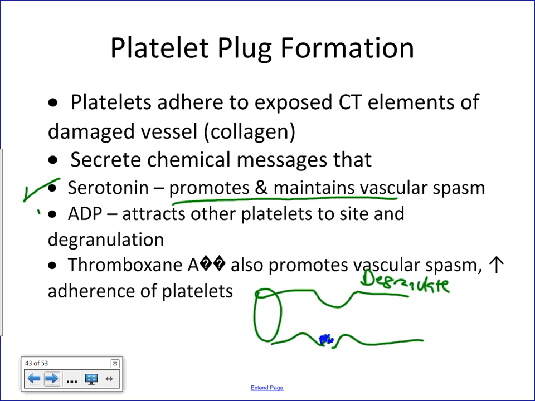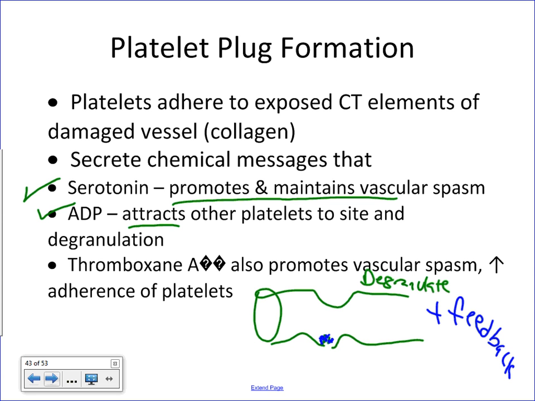Now, another chemical that's going to be released as the platelets degranulate is going to be ADP. Okay, what ADP does is it attracts other platelets to the area. It causes them to be attracted to this area and degranulate. This is where the positive feedback mechanism comes in.